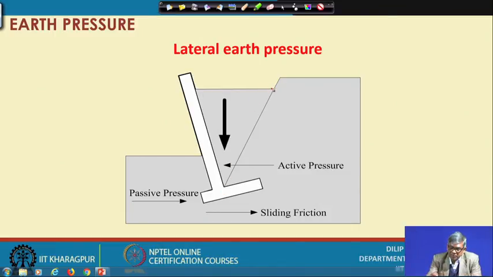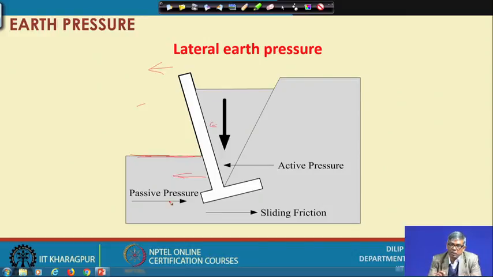Because of this the wall moves out in this direction, that means in this zone we are getting active pressure. Similarly, on the toe side, this much soil was there, and when the wall moves towards the soil, we have passive pressure.